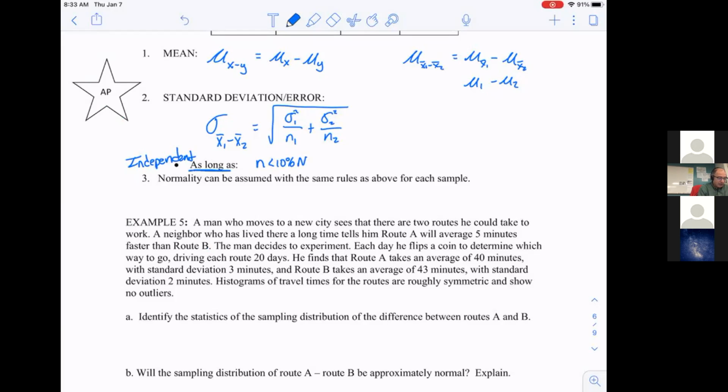As long as they are independent, then this is true. And then step 3, approximately normal can be assumed with the same rules as above, but we'll put in here one sample. So the difference is that I'm moving from one sample to two samples.